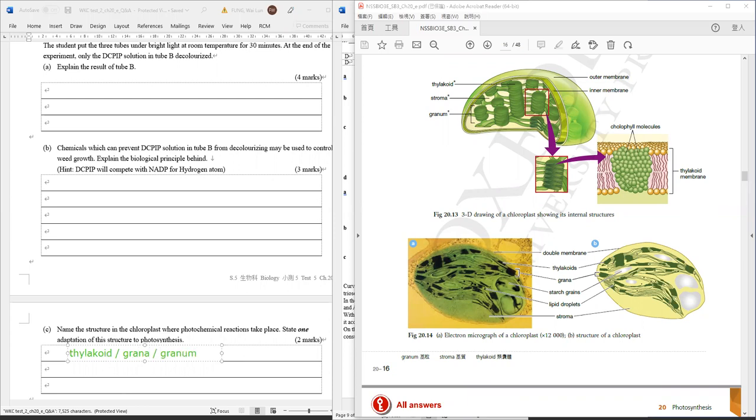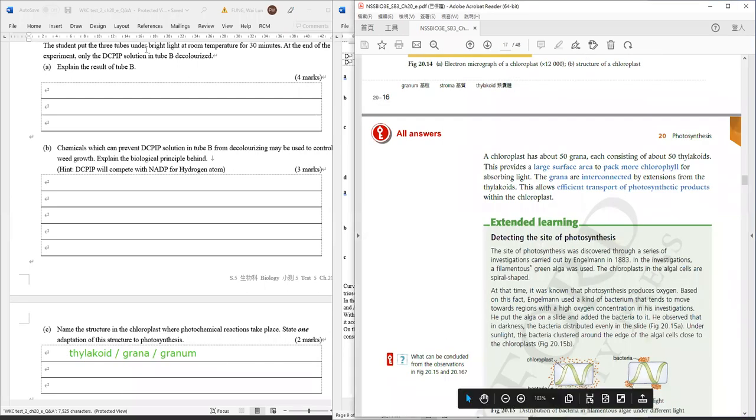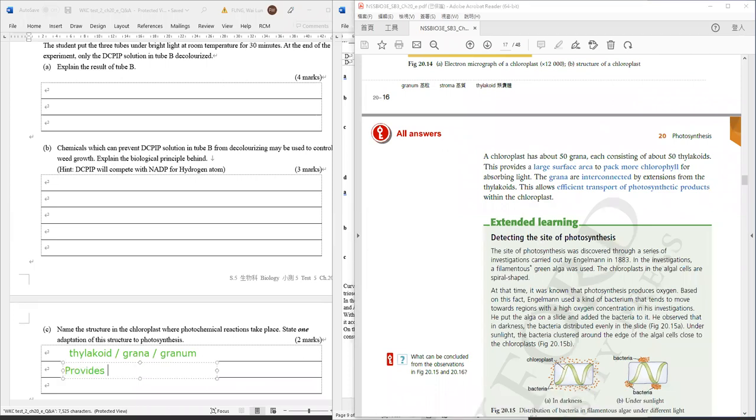Granum provides a large surface area to pack more chlorophyll. This is point number one.